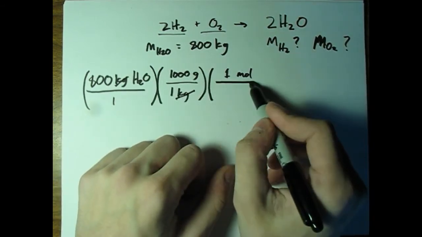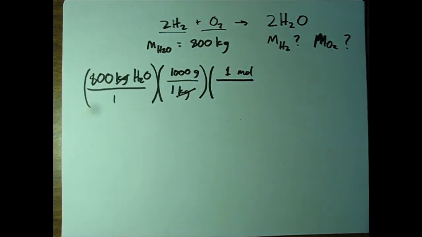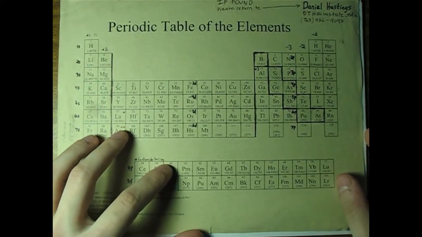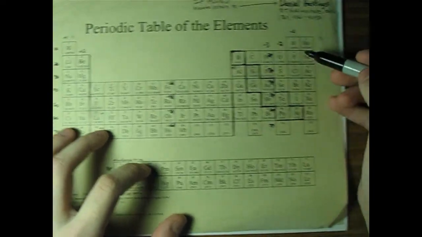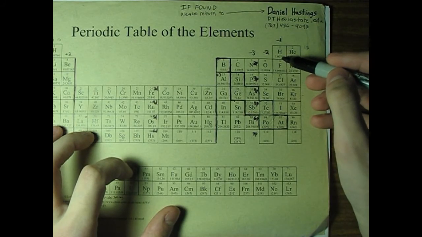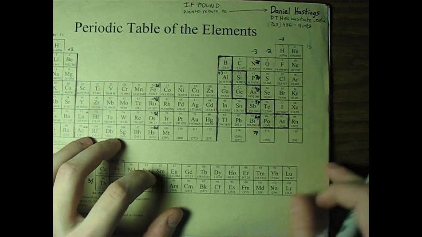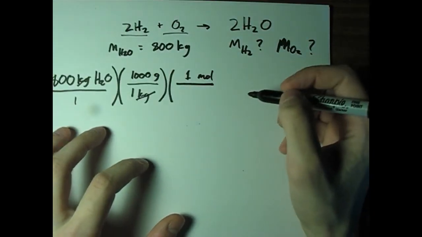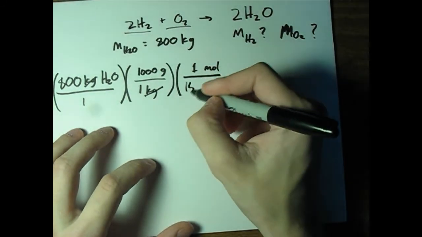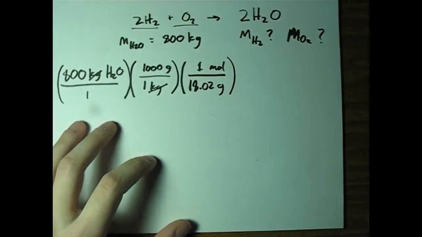Okay, so now we want grams to cancel, so what's the molar mass of water? Well, if you don't know, I actually know, but look it up on here. A water is an H2O, so we have 2H, which is 1.01 or so, and we have 1 oxygen, which is 16. So 1.01 times 2 is 2.02 plus 16 is 18.02 grams. So now we have this in moles.